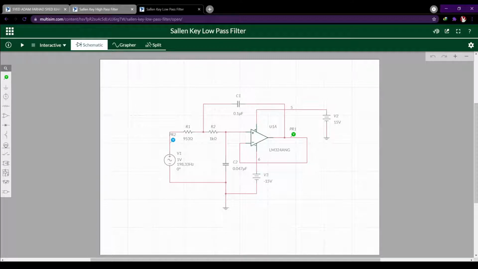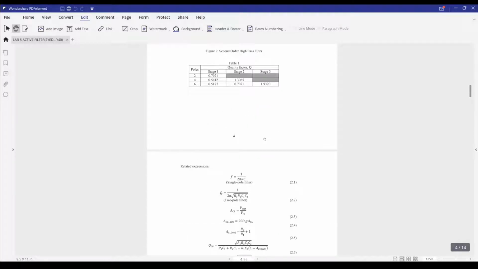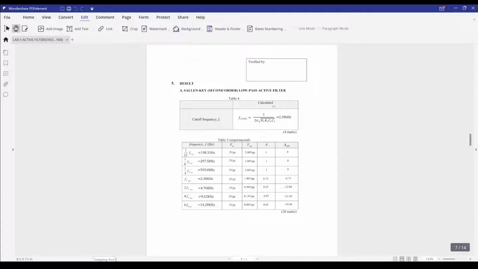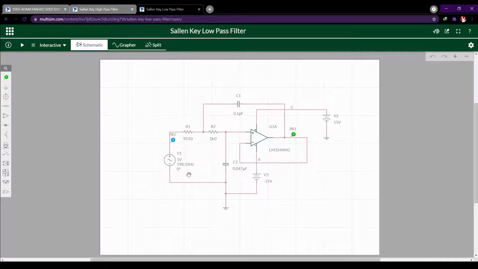To do this, we refer to the table, where this is the cutoff frequency we calculated. So we test what happens. This is less than the cutoff frequency, so what will happen to the voltage gain? As you can see, I put it less than.